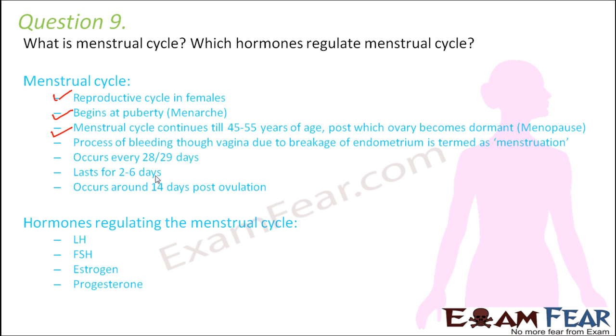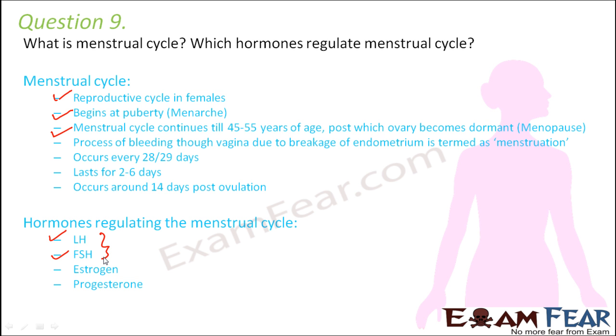Now, which hormones regulate menstrual cycle? There are quite a few hormones like LH and FSH, because these hormones decide, for example, the level of LH hormone decides when ovulation will take place. The menstrual cycle in turn is dependent on ovulation. Again, FSH hormone decides when the follicular growth will take place.